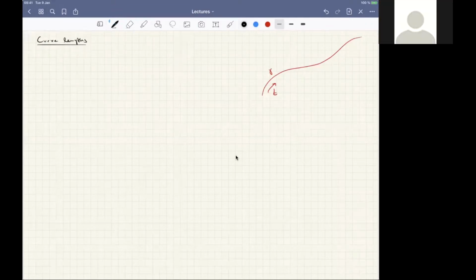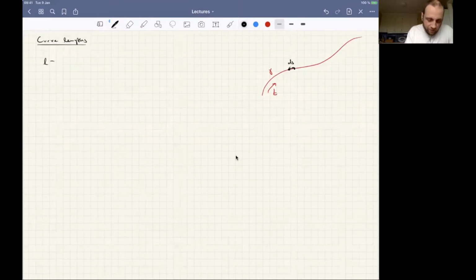Yes. You take a small line segment and then you integrate over it. Yeah, exactly. If I take a point here and a point there, and I look at the small line segment there, it has a length ds, and the length I'm going to define as the integral of ds, from point A to B if I have particular endpoints. That's the length from A to B along the curve, right?